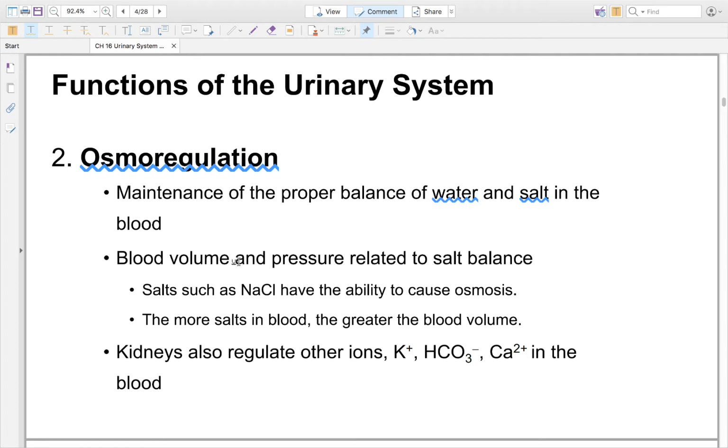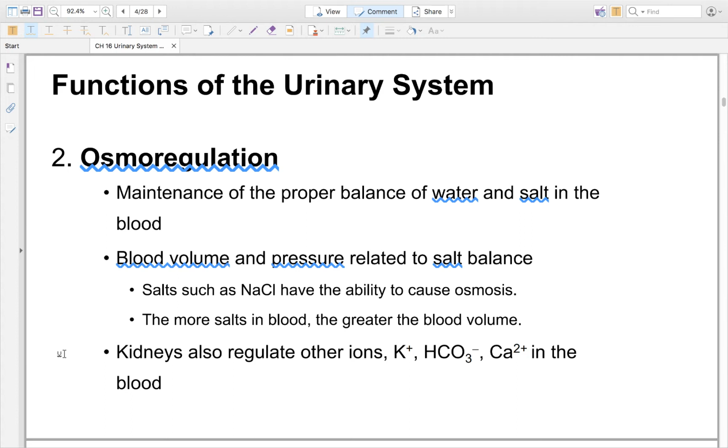It also is involved in making sure your blood pressure is balanced. It's not too high, it's not too low. And your blood volume as well. And both pressure and volume are directly correlated to the salt balance, the water salt balance.